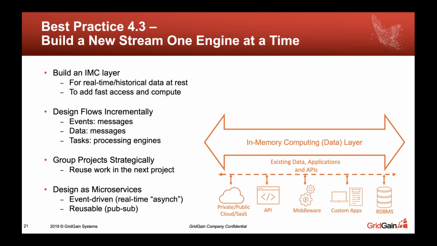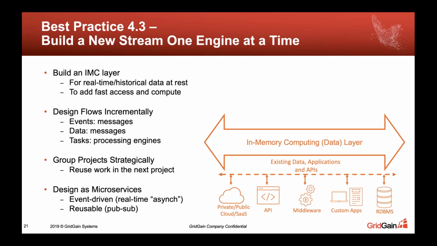So the third best practice is, when I say build one engine at a time, I really mean put in place an architecture that allows you to build incrementally one engine or app at a time. And so the foundation for this, for the apps and analytics, is HTAP. And it requires in-memory computing, but remember the main point from the beginning that we said: if you remember nothing else, remember this.